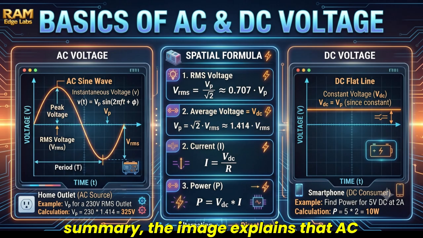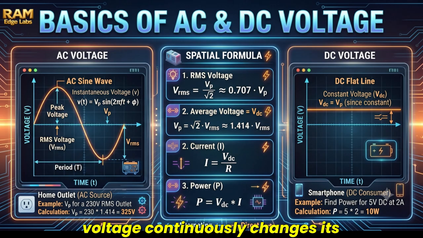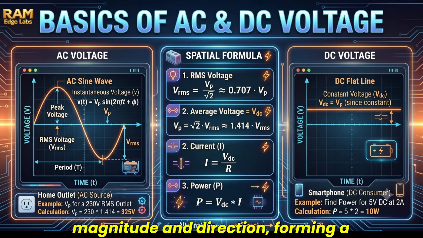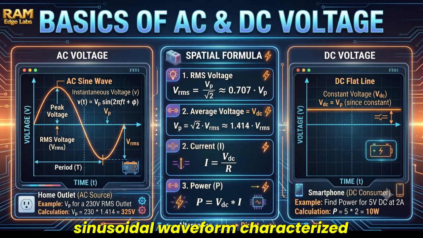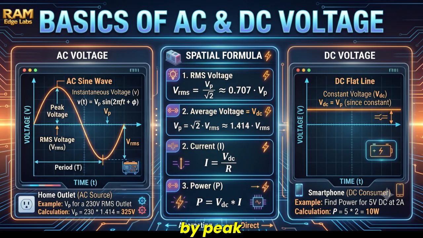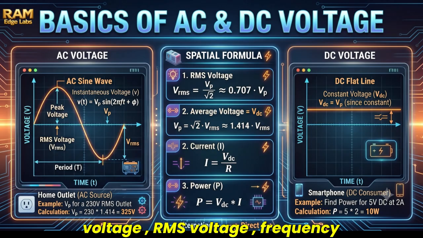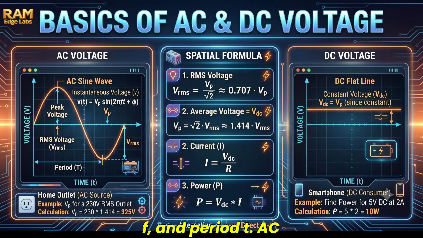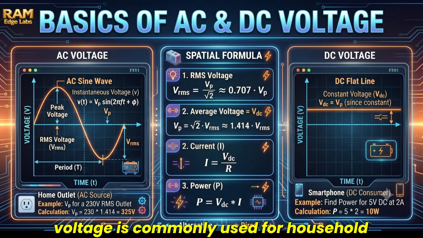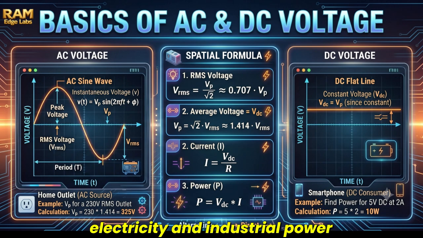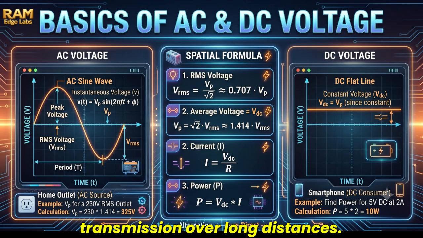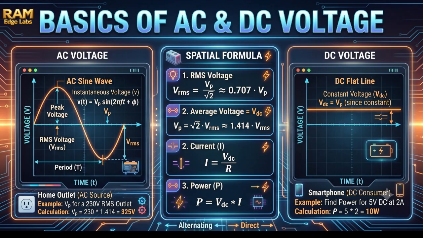In summary, the image explains that AC voltage continuously changes its magnitude and direction, forming a sinusoidal waveform characterized by peak voltage, Vp, RMS voltage, Vrms, frequency, f, and period, T. AC voltage is commonly used for household electricity and industrial power systems because it is efficient for transmission over long distances.